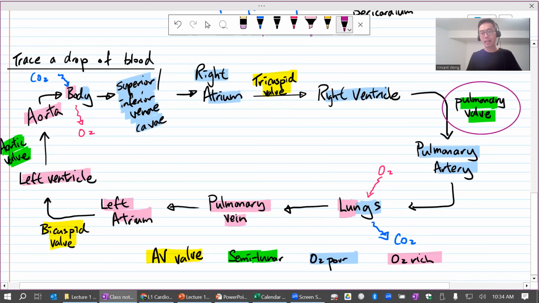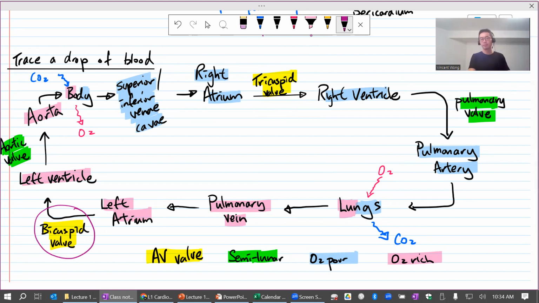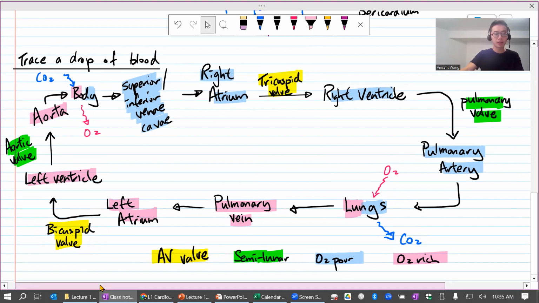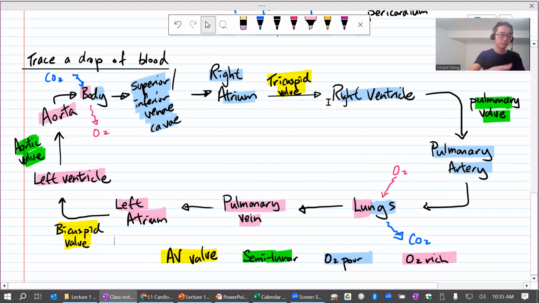The pulmonary valve prevents backflow of blood to the right ventricle. The bicuspid valve prevents backflow of blood to the left atrium, and so on and so forth. This is a very important diagram. You should practice drawing it on your own. Put it on your summary sheet when you do the test, the quiz. It's going to be useful.